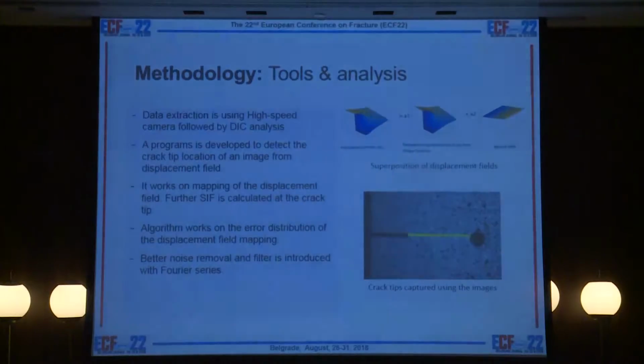It maps the linear elastic crack tip field and compares it with the experimental field, and looking at the error distribution and gradients of the error distribution, it finds the crack tip, and the corresponding stress intensity factor is taken for the further calculations.